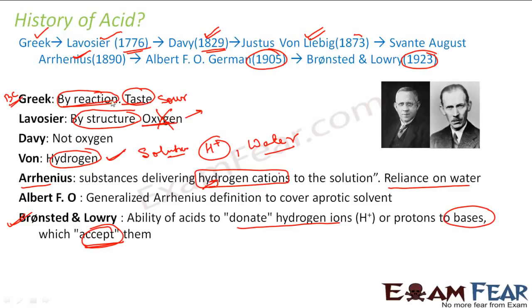So if you see the definition change from the Greeks in BC, Lavoisier, he came with the oxygen idea, then Davy, then Arrhenius, and then finally Bronsted and Lowry. So this is the most accepted definition for acid: anything that donates hydrogen.